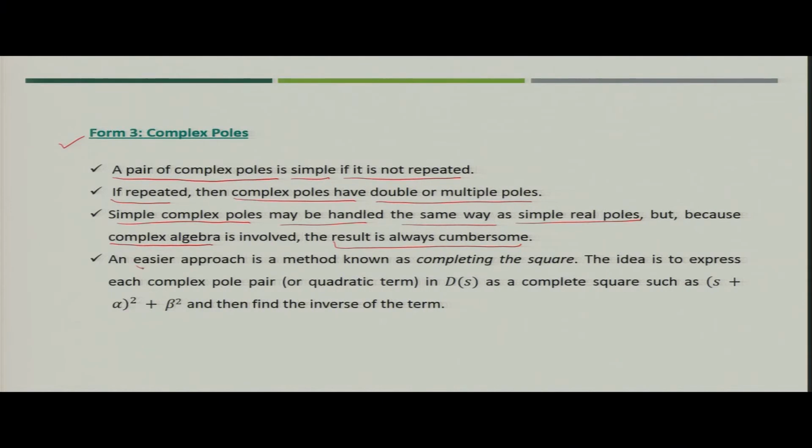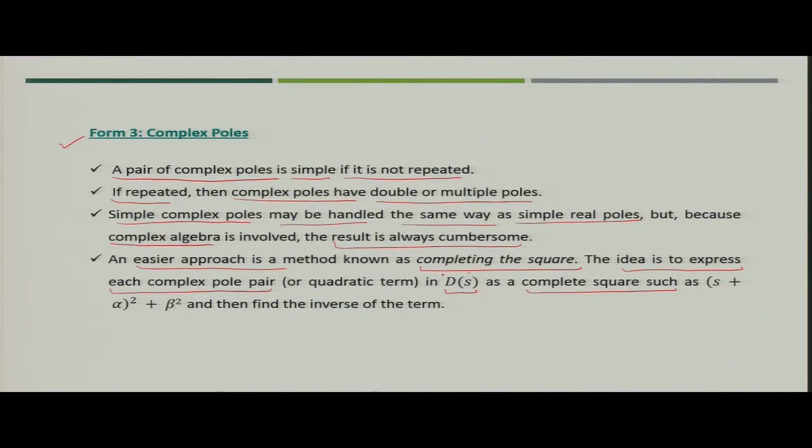The approach is the method which is known as completing the square. Now, what does it mean? The idea is to express each complex pole pair in the denominator as a complete square, such as (s plus alpha) square plus beta square.